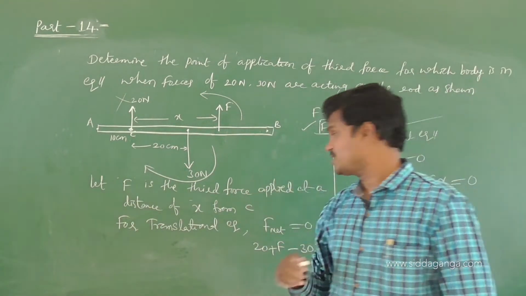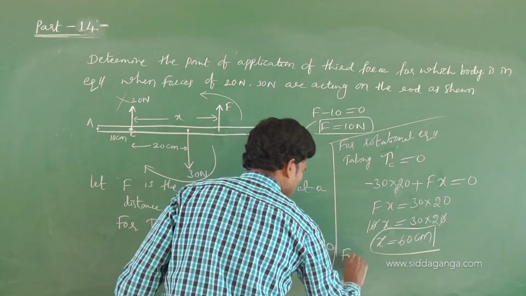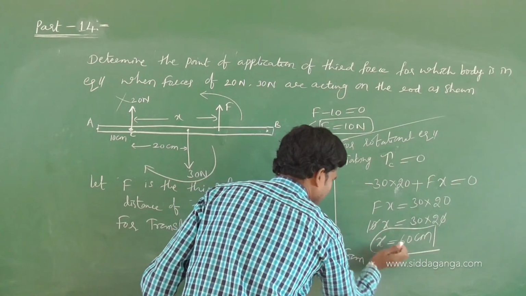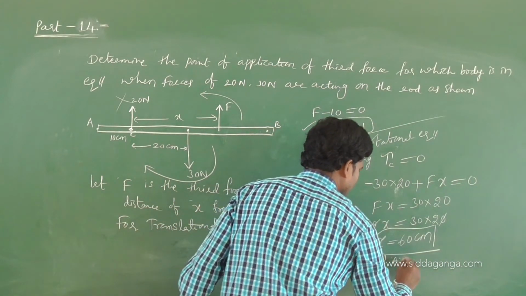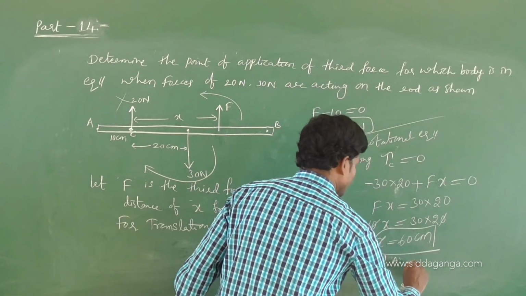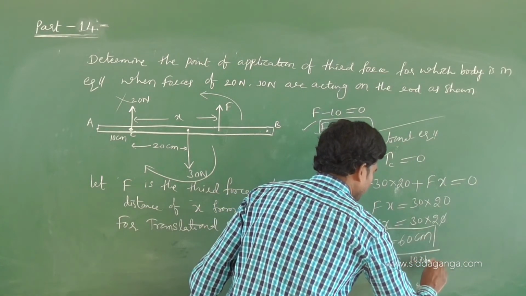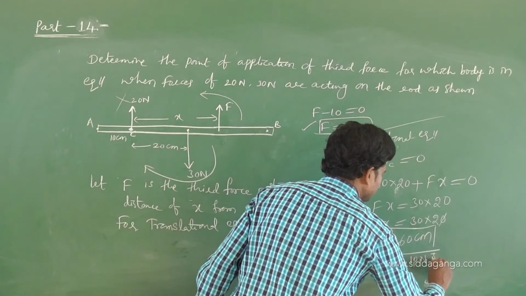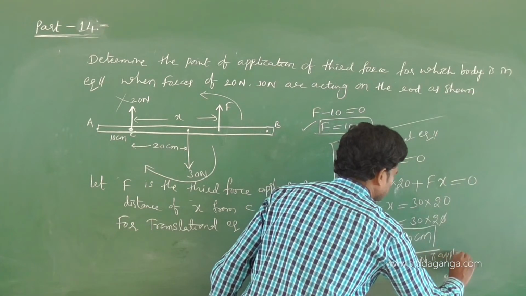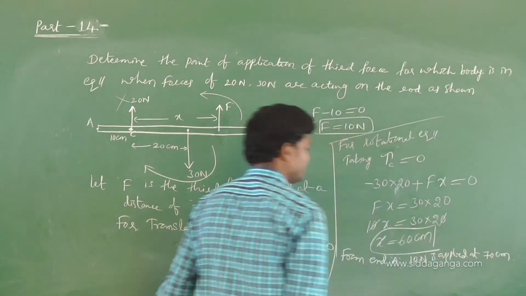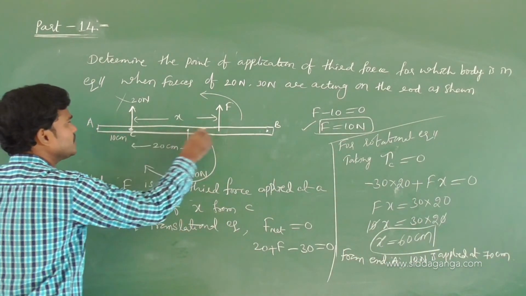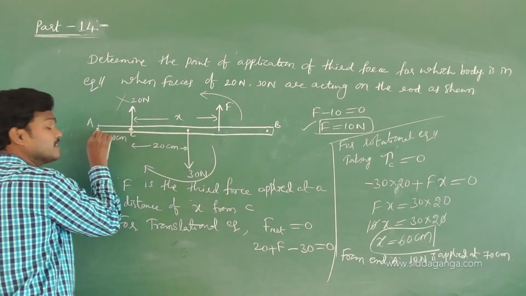From end A, how much? Tell me. From end A, 10 Newton will be applied at 70 centimeters. See, from here to here how much? 60, and here to here 10.